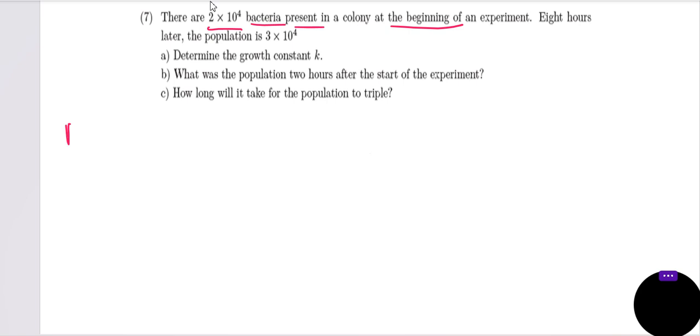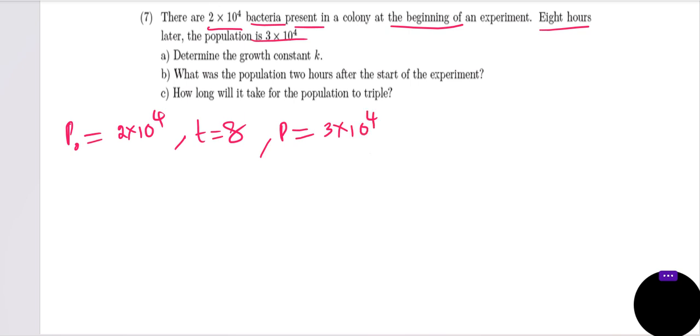At the beginning, that is P naught. 8 hours, that is time t is 8 hours later, the population was, that is P is, 8 hours later this much. Determine k. So here as you see in the question there is no doubling time, there is no half life, but it is still growth. Then we use the rule P naught e power kt.